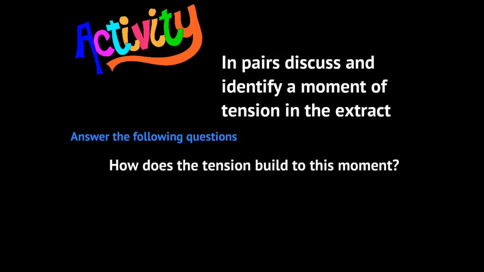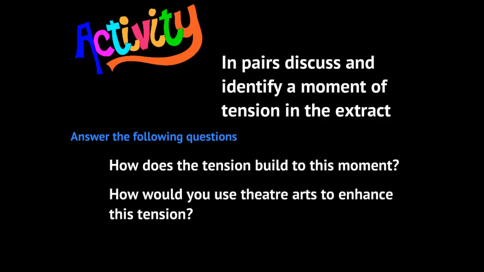How does the tension build to this moment in the extract? And also, how would you use theatre arts to enhance this tension? So, identify a moment of tension in the extract and write your answer down as how does the tension build to this moment, and how would you use theatre arts in order to enhance this tension?